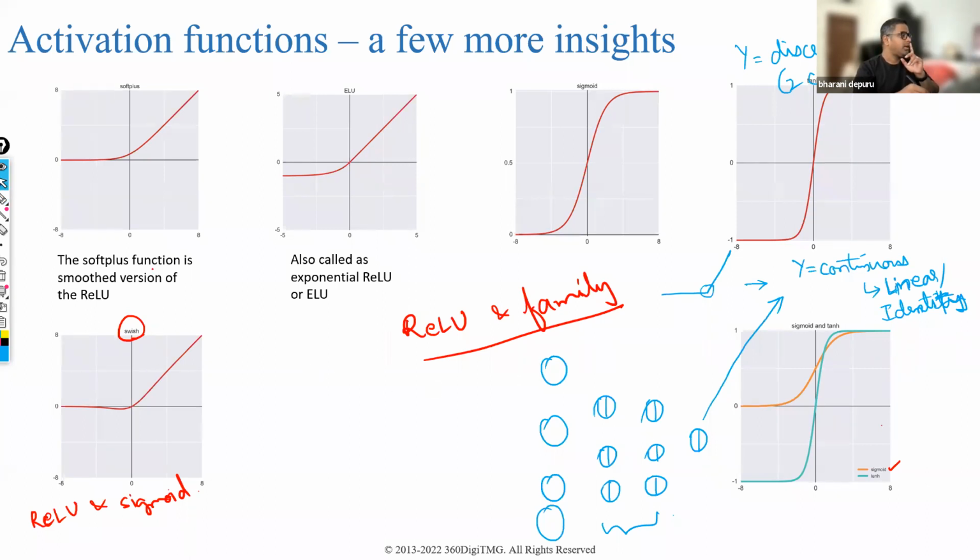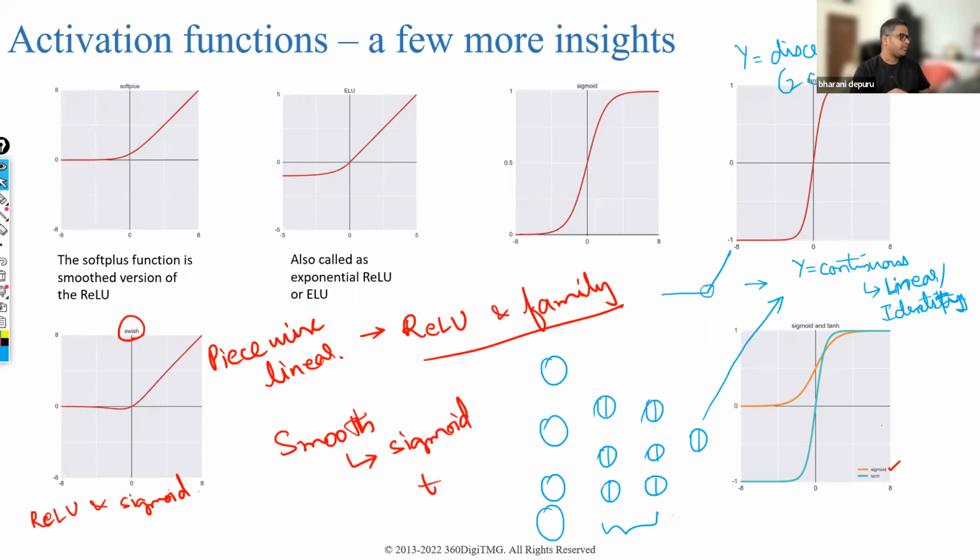Now, there are also disadvantages with respect to smooth curves. What are the smooth curves? ReLU belongs to something called as piecewise linear. And you also have smooth curves. When it comes to smooth curves, you have something called as sigmoid, you have something called as tanh, etc. This will always give you values in the range of 0 to 1.